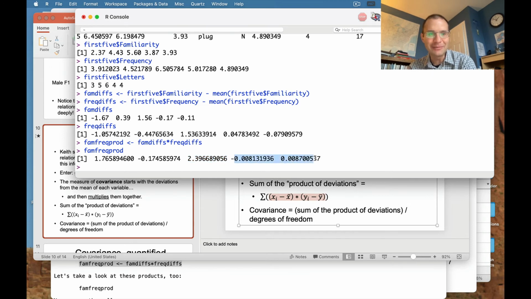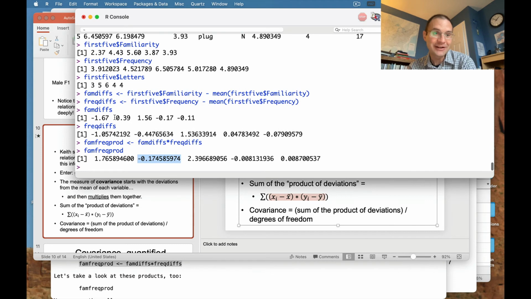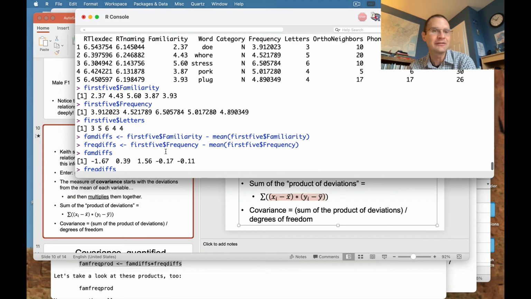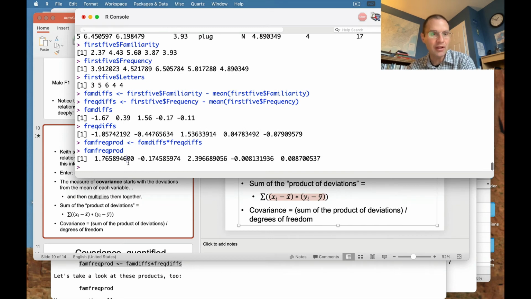These are just in the middle, not doing much. But the interesting part is the sign change. For the second word, hor, it was on opposite sides of the two measures. So when I multiply that together, I get a negative number, the lowest negative number, I guess you would say, in this particular little set. So when I add these all up, dough and stress are going to contribute highly to the sum, and a word like hor will take away from that sum a little bit.